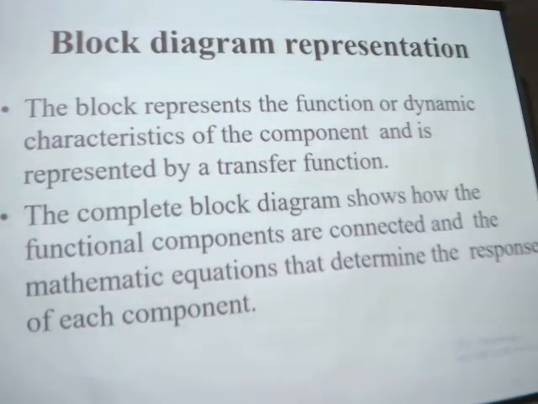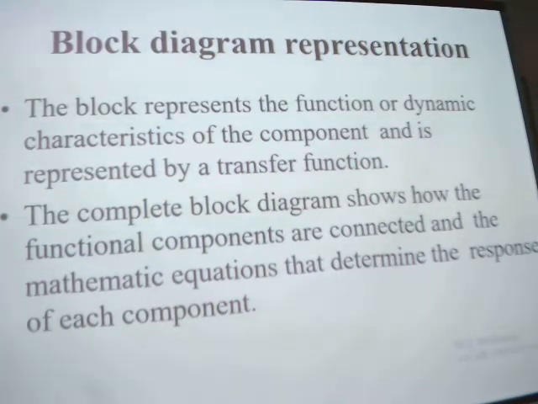Next, we should start block diagram representation. It is very important and you should pay attention to it. Last class we started some of it. Now we should go on.